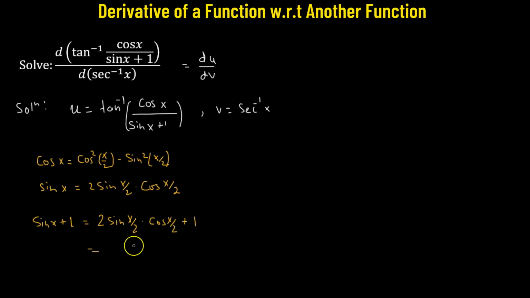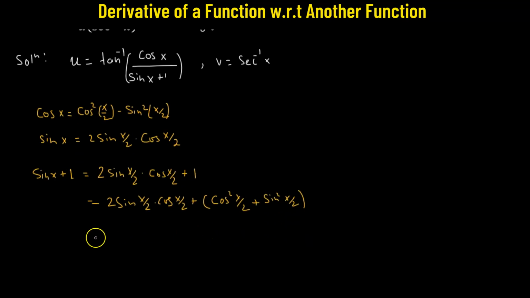Now in place of 1 on the right hand side, we can use the identity. So we have 2 times sine of x over 2 times cosine of x over 2 plus cosine squared x over 2 plus sine squared x over 2. That value is always equal to 1. In doing so, we can rewrite it as sine of x over 2 plus cosine of x over 2, whole squared.